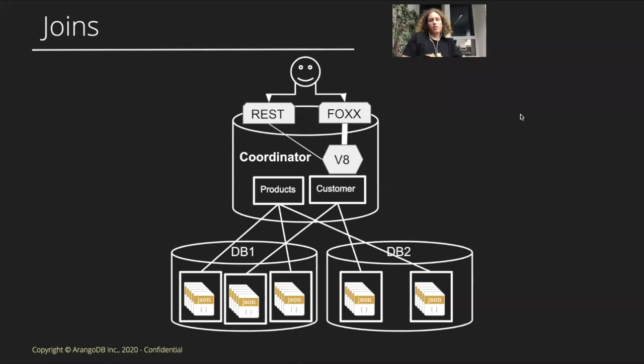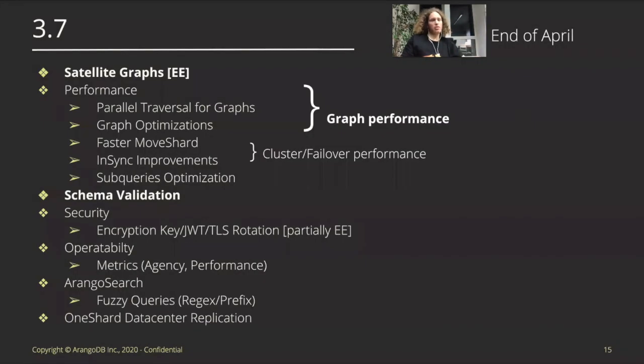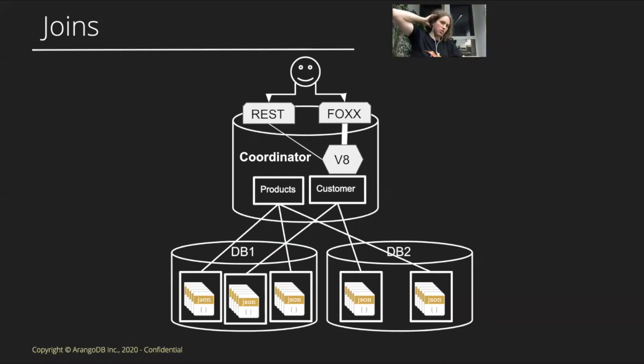All right, so let's dive a little bit into satellite graphs, because I really believe this is a cool feature. As mentioned earlier, ArangoDB is a distributed database, and unfortunately, joins in distributed environments can become really expensive because we might end up with network traffic, and then the coordinator has to fetch all data from different nodes and push it all together.